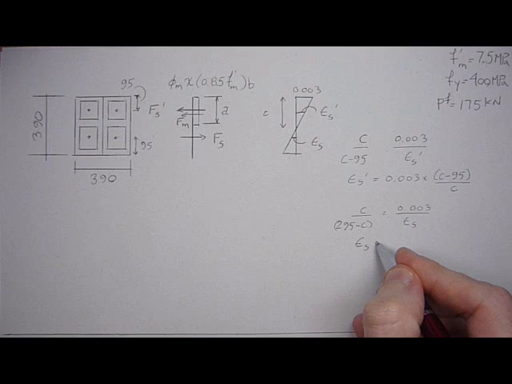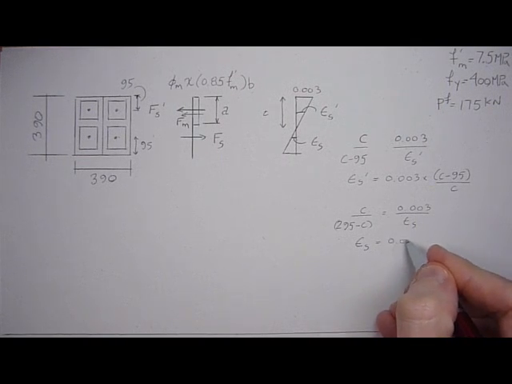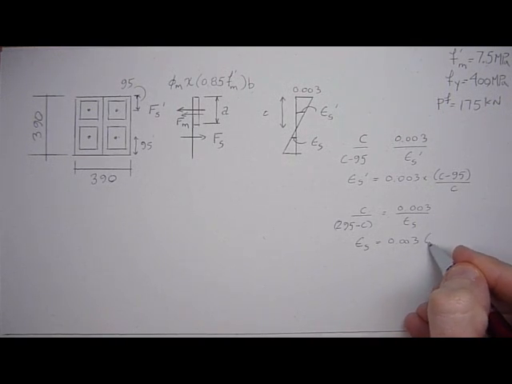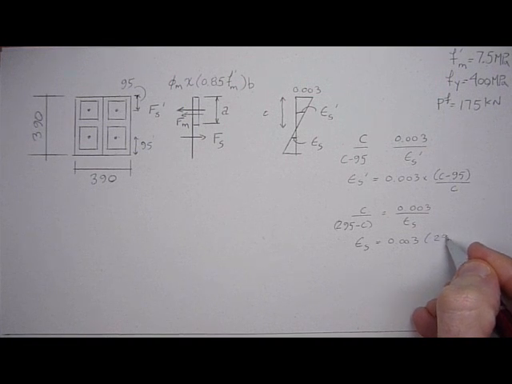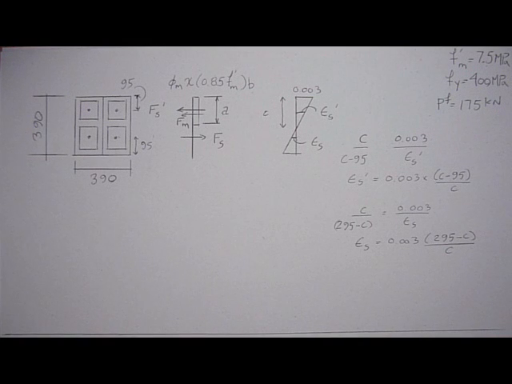Solving for strain in the steel, it's 0.003 times 295 minus C over C.